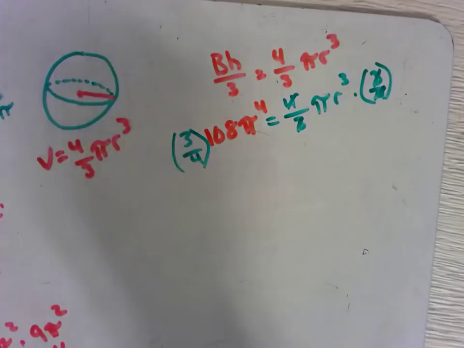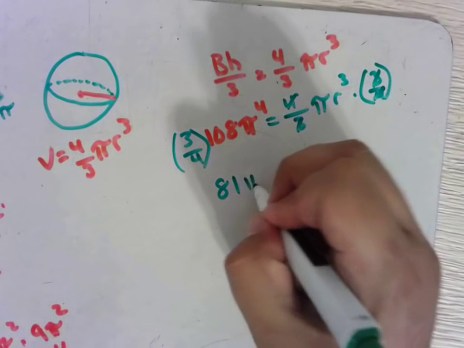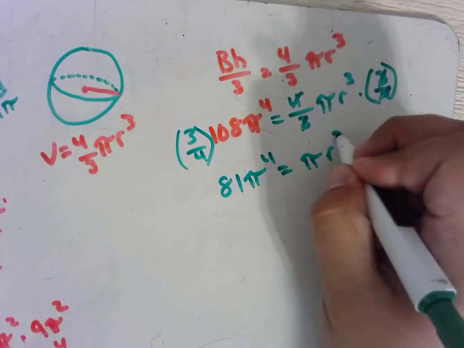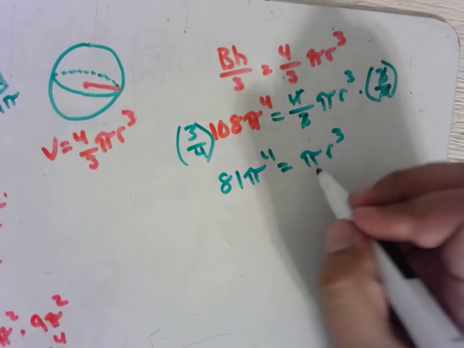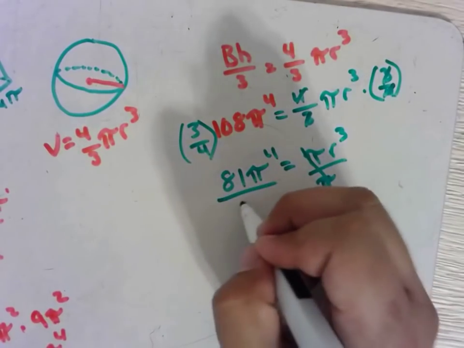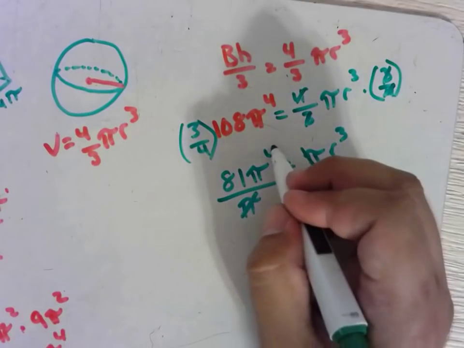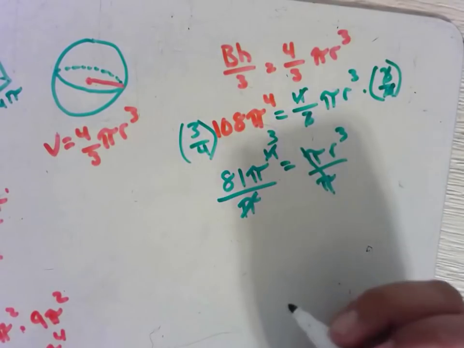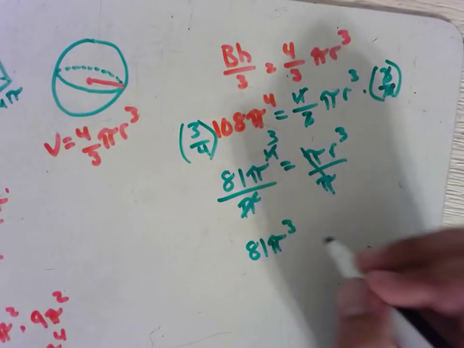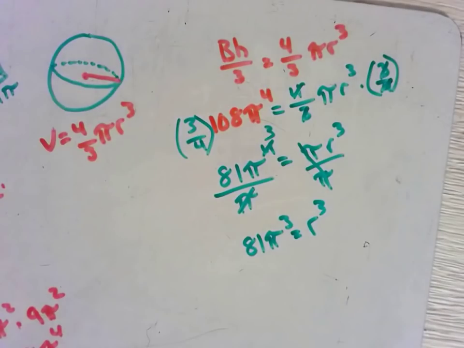You multiply the numerator, divide the denominator, and you're left with 81 pi to the 4th equals pi r cubed. Now let's get rid of the pi. Divide by pi. Those simplify. This simplifies with one of them, so it becomes a 3. So now you're left with 81 pi cubed equals your radius cubed.